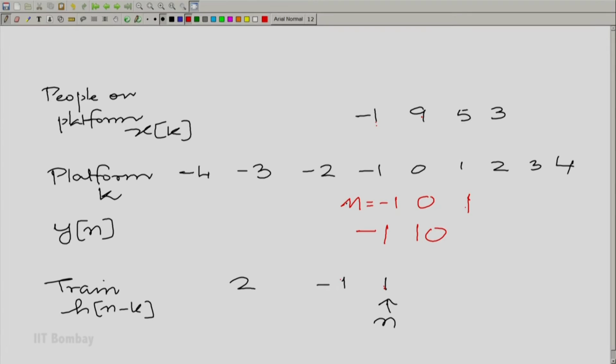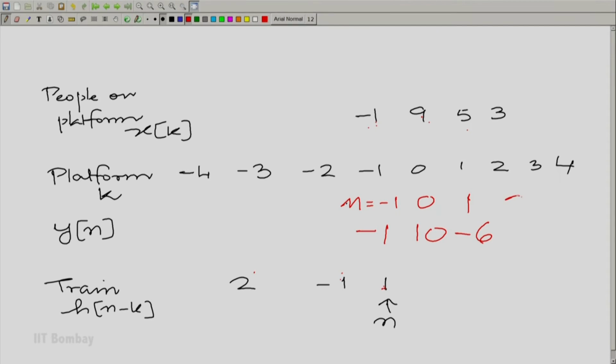N equal to 1. 1 is multiplied by 5, that is 5, minus 1 by 9. So, minus 9, 5 and minus 9 minus 4, and 2 into minus 1, that is minus 2. So, minus 9 plus 5, that is minus 4, and minus 2 minus 6.